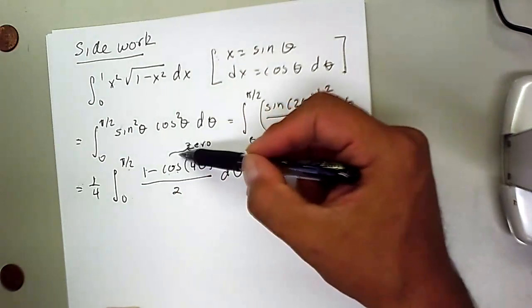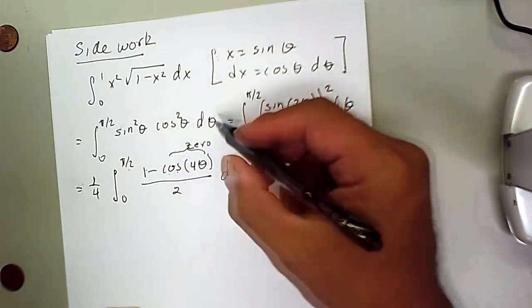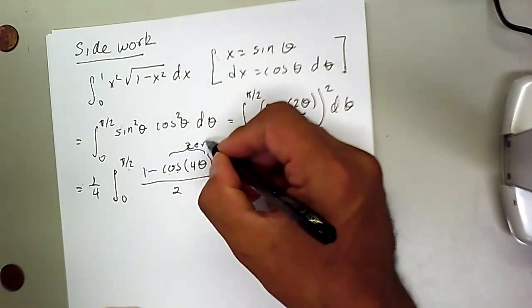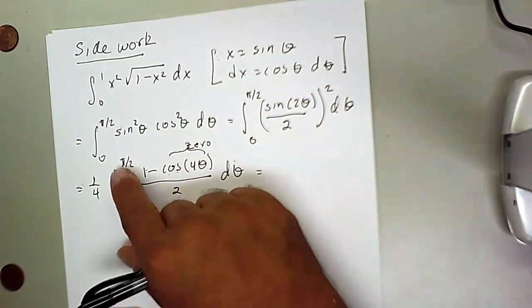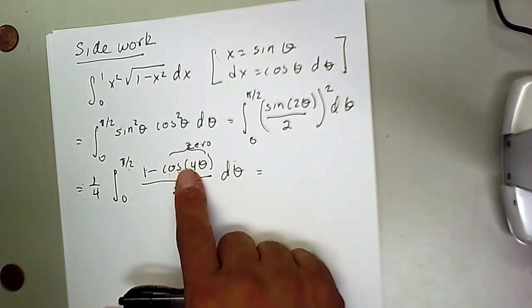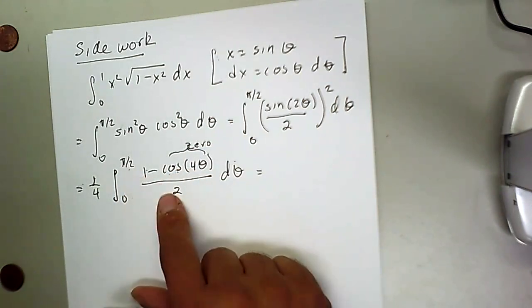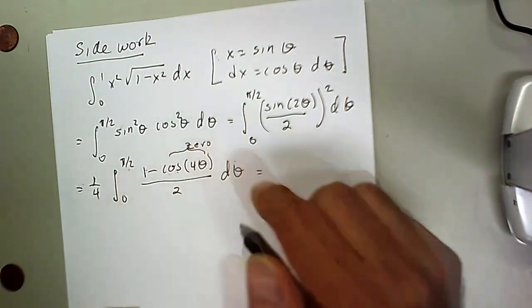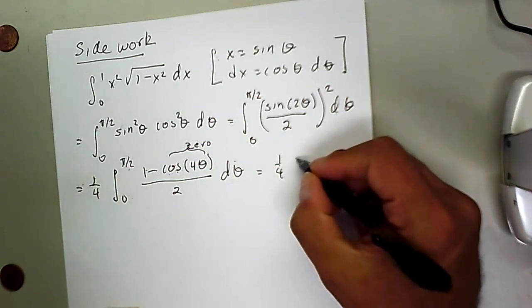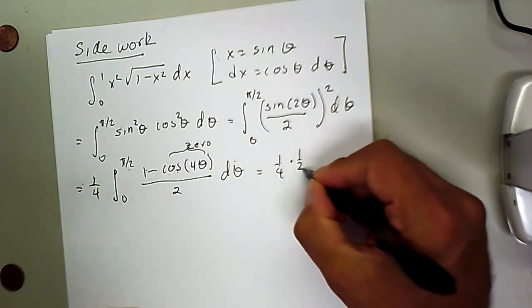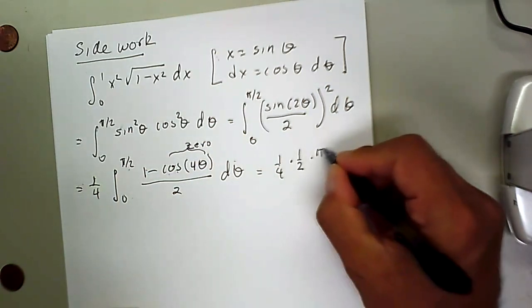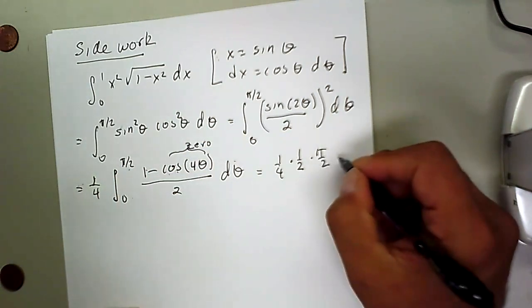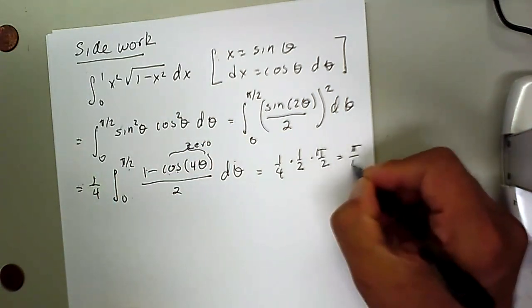I'm not saying that this is 0, maybe that's misleading. Eventually it will be 0 after we integrate because we're doing a full cycle of cosine. So we end up with 1/2 times pi over 2. Don't forget the 1/4. 1/4 times 1/2 times pi over 2. And that gives us pi over 16.